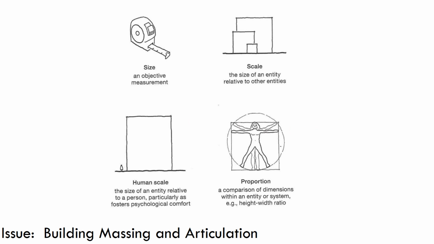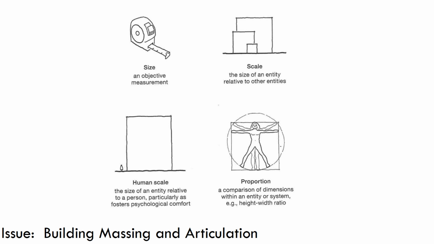When we talk about massing, we often use these four concepts. Upper left, size. This is pretty straightforward. That's just how big the building is. Say it's 40 feet tall and 220 feet long. Scale is the size of the entity relative to other entities within it. Human scale is a slightly different idea.